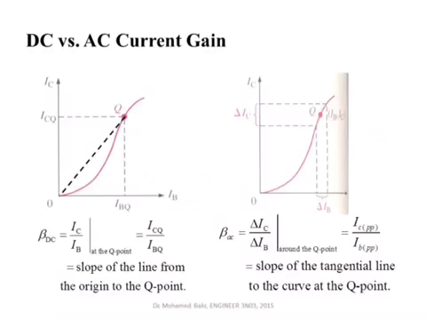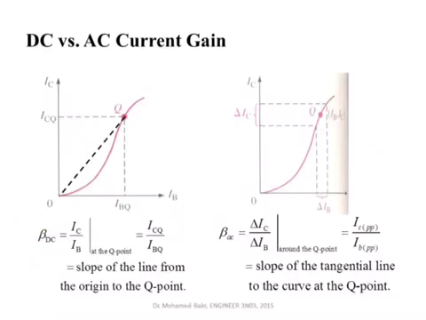Okay, we already discussed something called the DC current gain. If I have here my base current, I have the collector current. The ratio between the collector and the base current is what we call beta DC. This is for DC analysis.